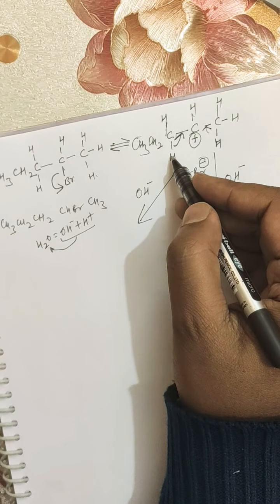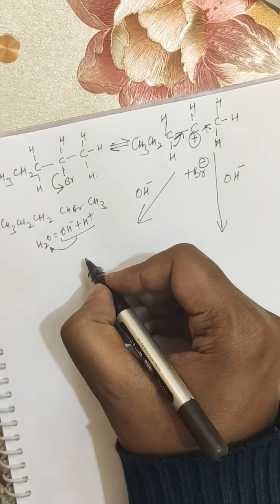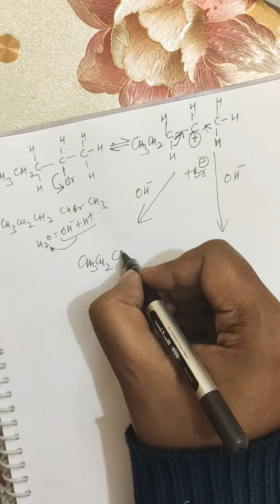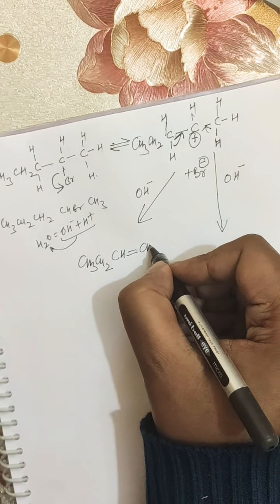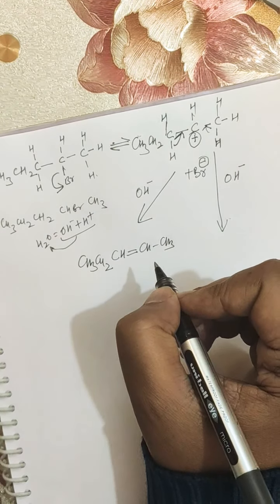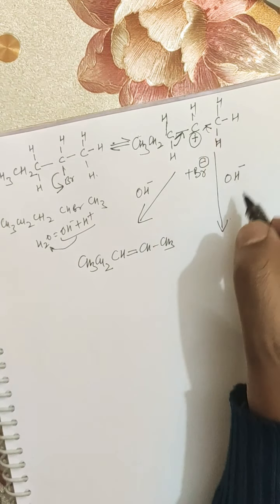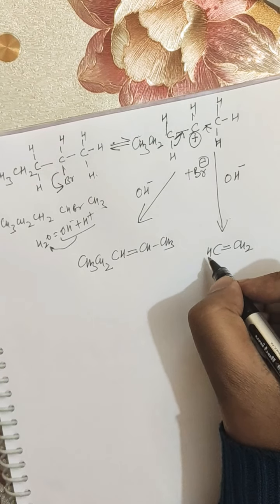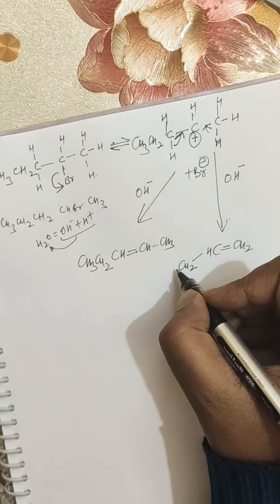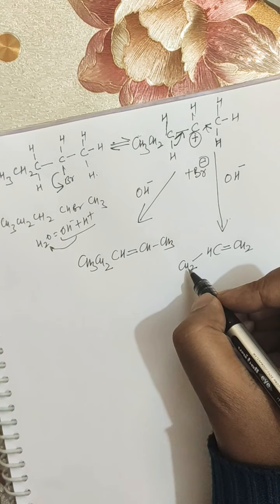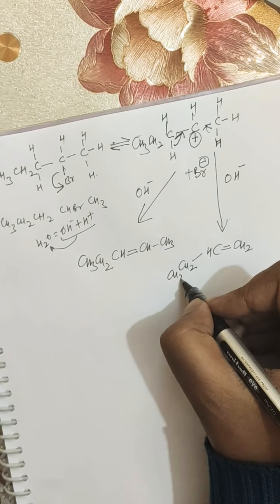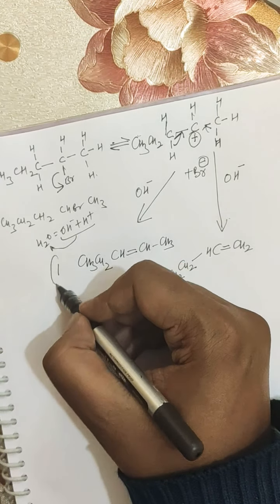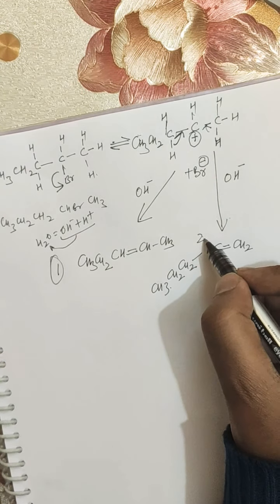So if this proton or this proton is removed, the product will be this, and if this proton is removed, then the product will be like this. So there will be the probability of formation of 2 products, and 2 products are formed.